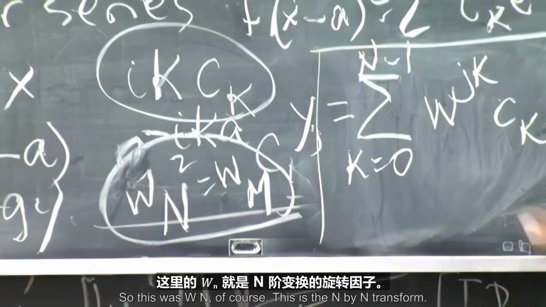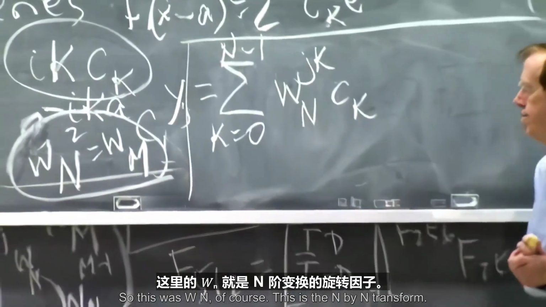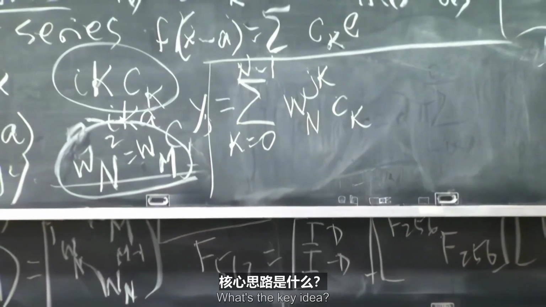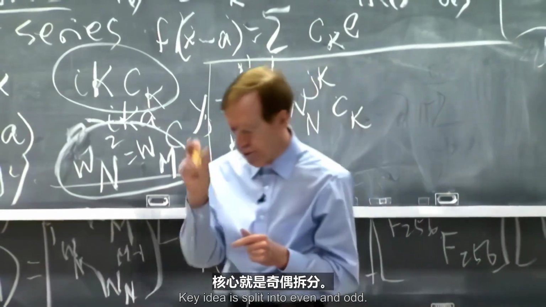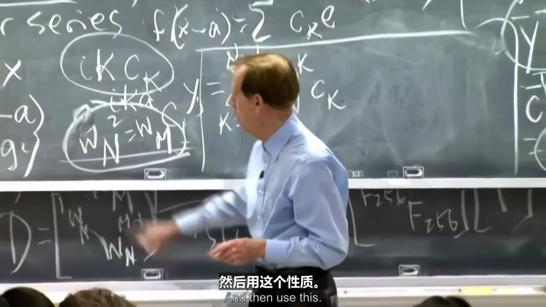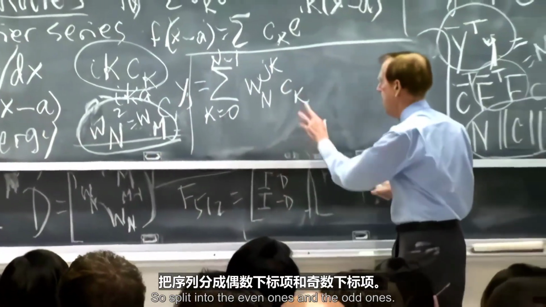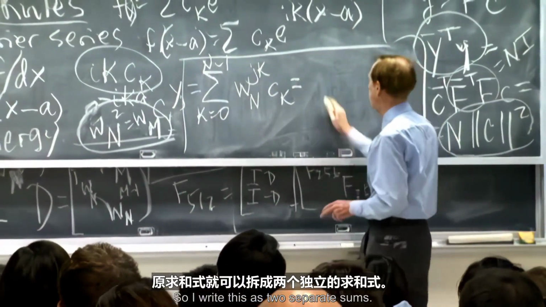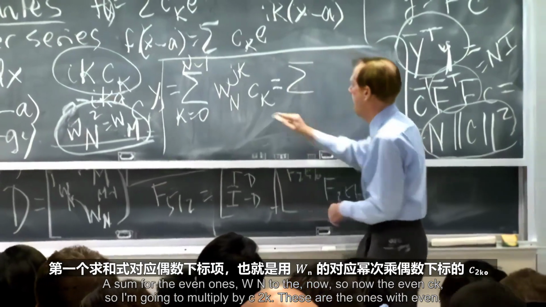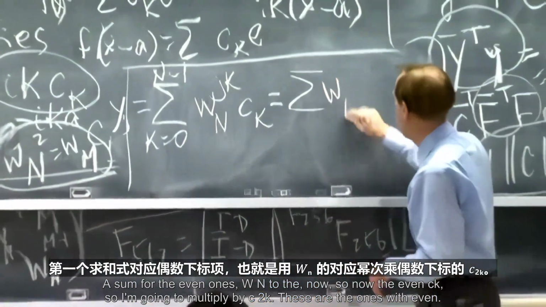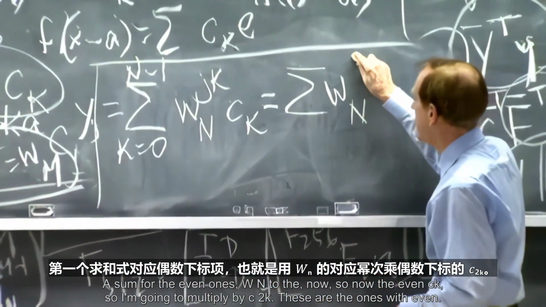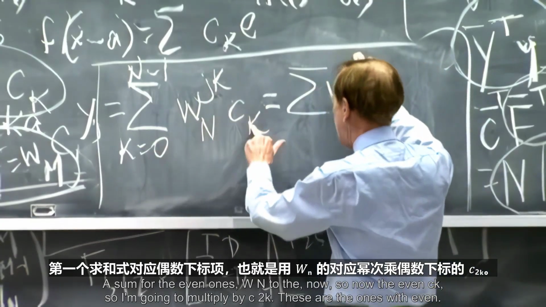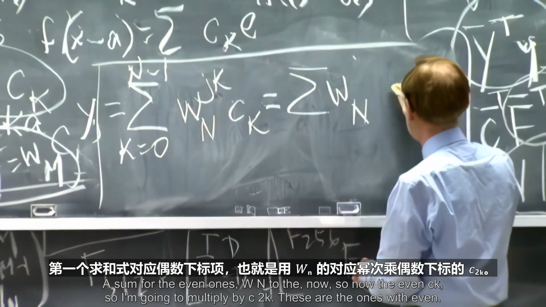So this was Wn, of course. This is the n by n transform. So now comes what? What's the key idea? Key idea is split into even and odd, and then use this. So split into the even ones and the odd ones. So I write this as 2 separate sums, a sum for the even ones, Wn to the, now the even ck, so I'm going to multiply by c2k.